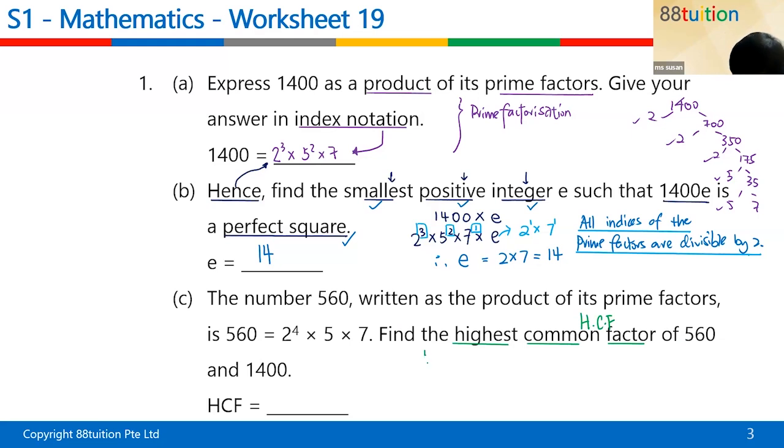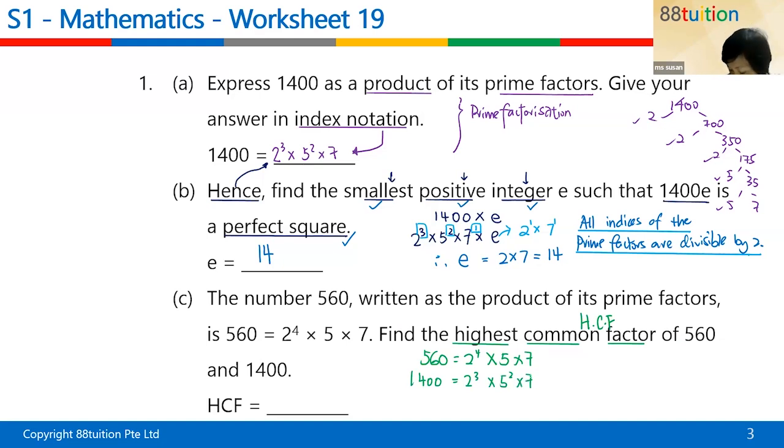Okay, I rewrite because I need to do a comparison. So my 560 is 2 to the power of 4, 5 multiplied by 7. Okay, and then the 1004 is already found in the previous part of the question: 2 to the power of 3, 5 to the power of 2, and then multiplied by 7.